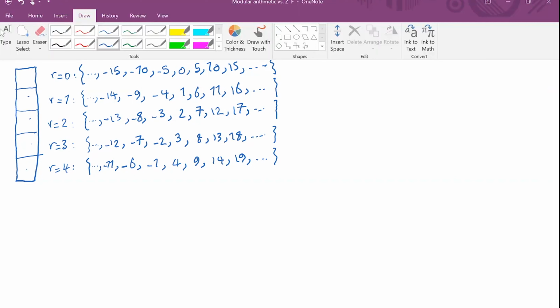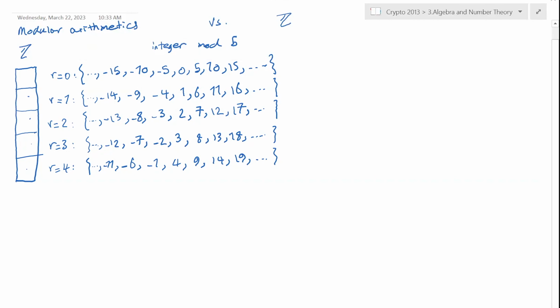Now we give these small sets names. We denote them with brackets: 0, 1, 2, 3, and 4. Each set is a representative of all its elements.